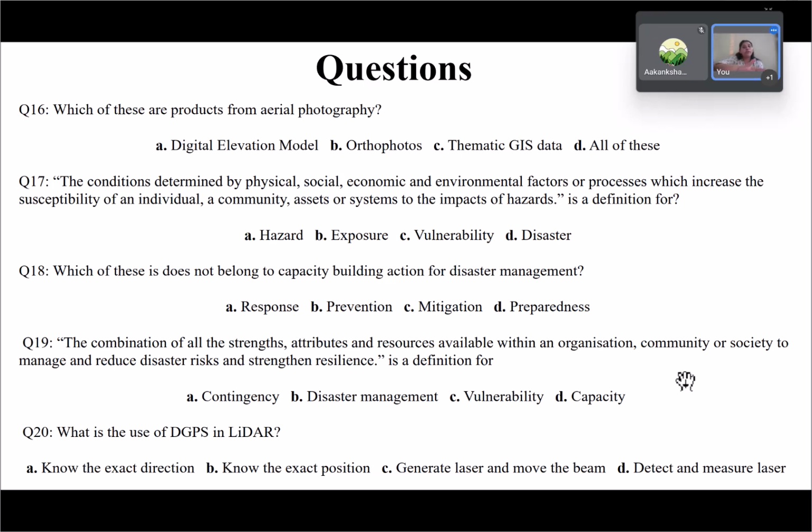So which one of these is not part of capacity building, and the other half? Next, the combination of all the strengths, attributes, and resources available within a community, which helps it to manage and reduce disaster risk, refers to what? And lastly, what is DGPS? Remember we spoke about this with respect to LIDAR. What does it actually tell you about?